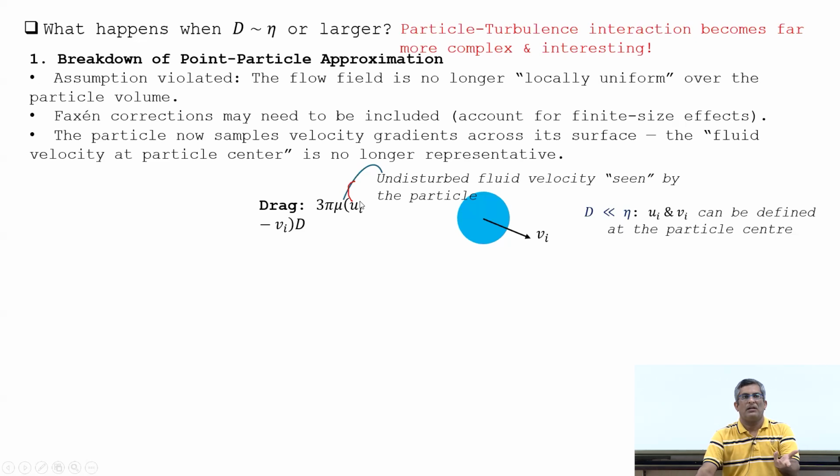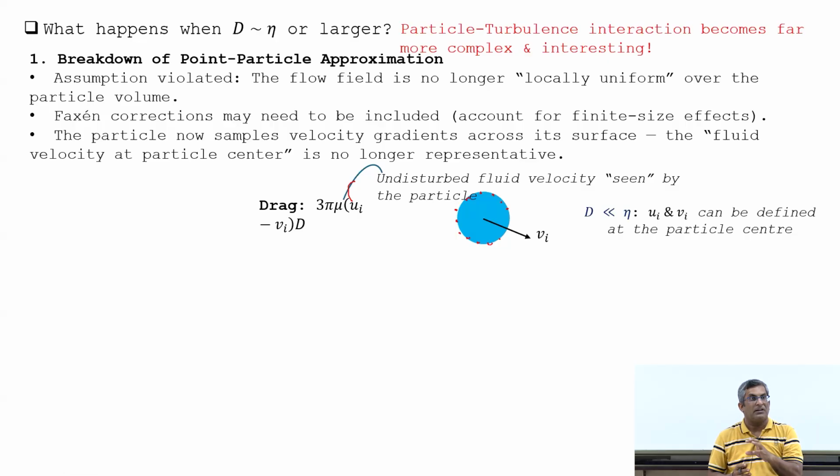So this model basically fails there. So how should we calculate drag in that case? You have to calculate the drag locally at every point, the stress at every point, or you can calculate the local drag and then integrate. So that will give you the total drag.